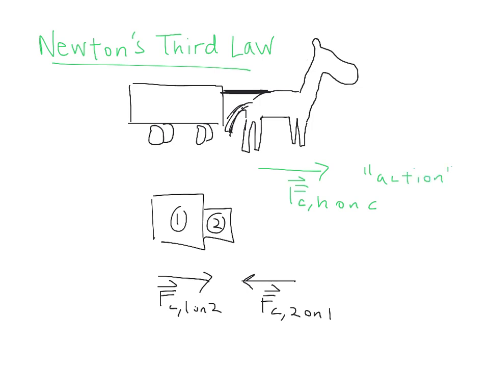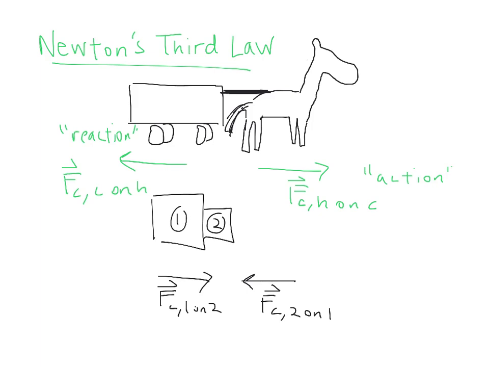Then the reaction force is the force that the cart exerts on the horse. So the horse is pulling the cart forward, and likewise the cart pulls back on the horse, and that's what the horse feels, which makes it difficult to pull the cart. So we call this one the reaction, since we called the first one the action force.